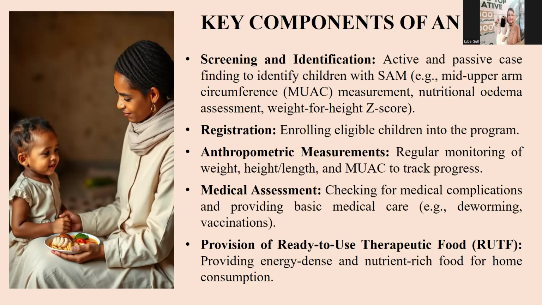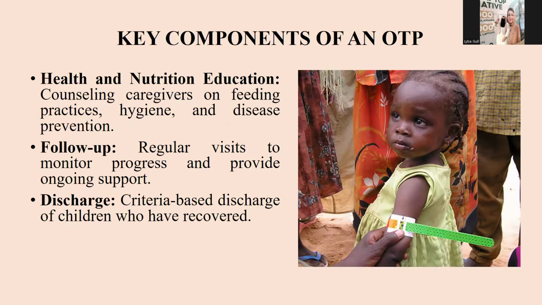Then, also, the key component is that each child receives ready to use therapeutic food, which is basically a nutrient dense paste that can be eaten at home, and it requires no cooking. We just need to peel, eat, and heal. Other than this, the caregivers are also given counseling on how to maintain hygiene, good feeding practices, and prevent infections. Then children come in regularly for checkups and support to ensure that they are on the right track towards recovery.